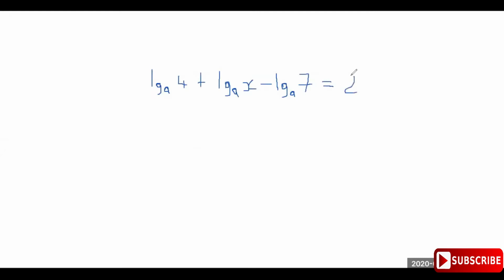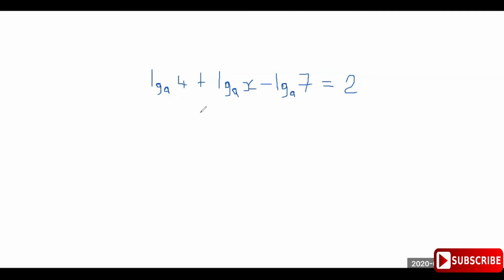All right. So the first thing is that we're just going to have to use the rules of logarithm that tell us that log a plus log b is equal to log of ab, but then log a minus log b is going to be equal to log of a over b.